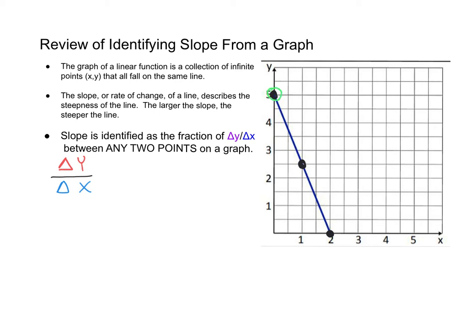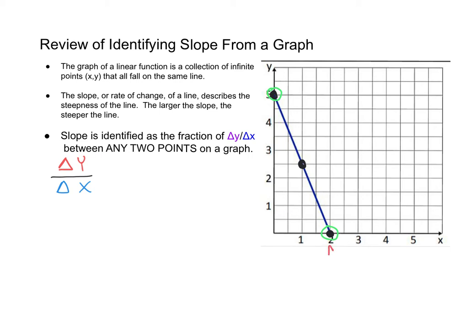So I'm going to start with this point right here and this point right here. And I'm going to look at my change in y and my change in x. I'm going to start with my bottom point, and I'm going to also start with finding my change in y.